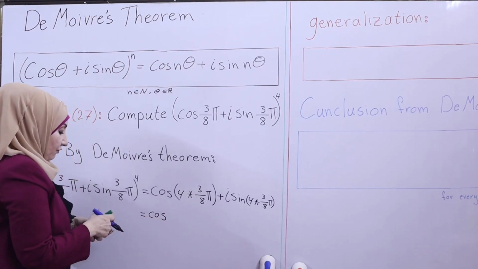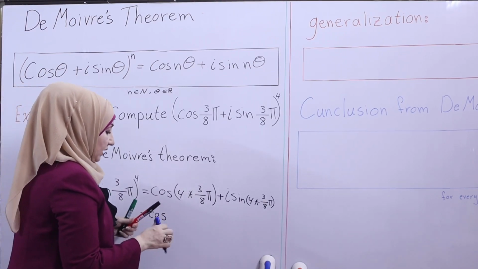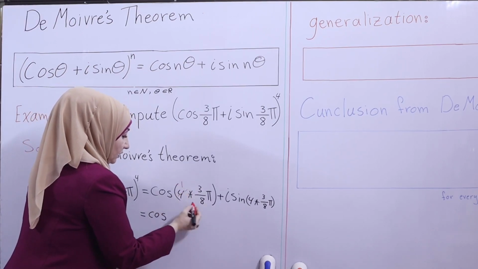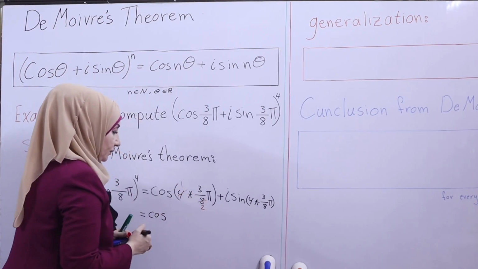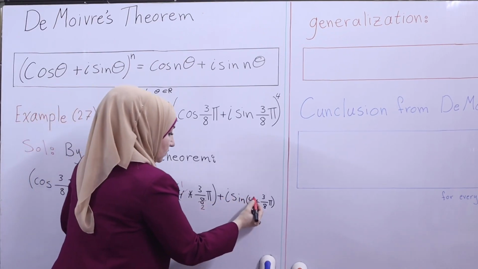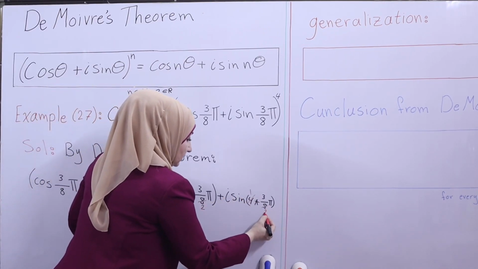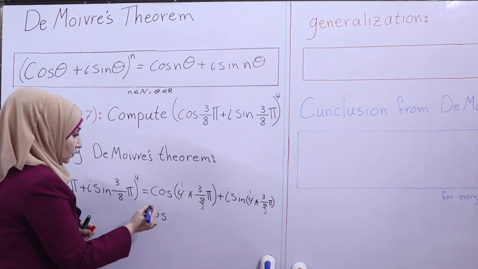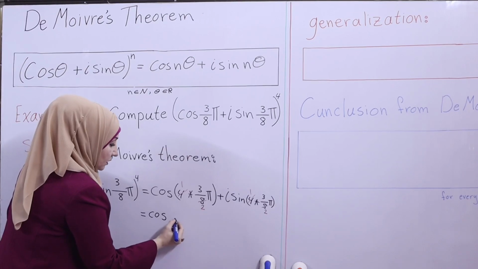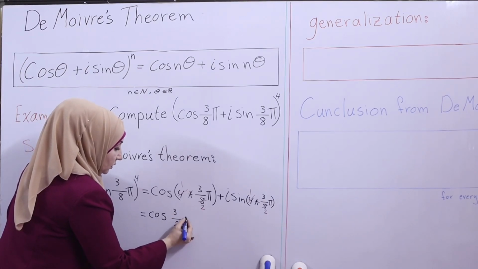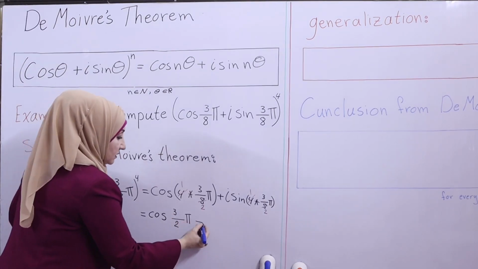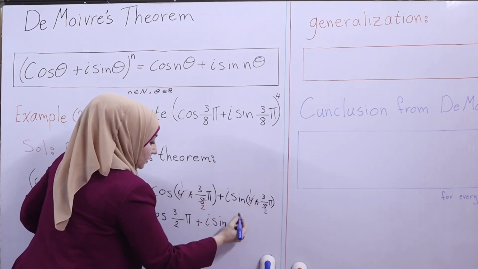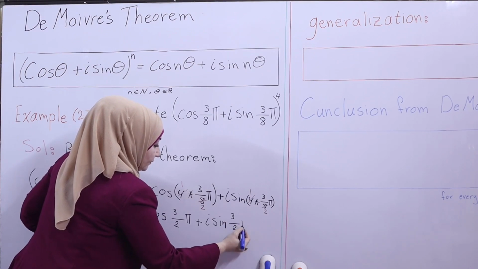Cosine 4 multiplied by 3 on 8, we can simplify it by 4, and 8 will be 2. Here also 4, 1, and 8 will be 2. So it will be cosine 3 on 2 pi plus I sine also 3 on 2 pi.